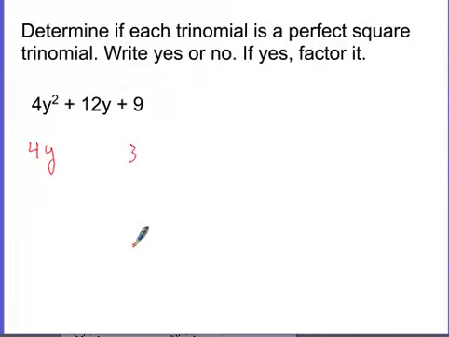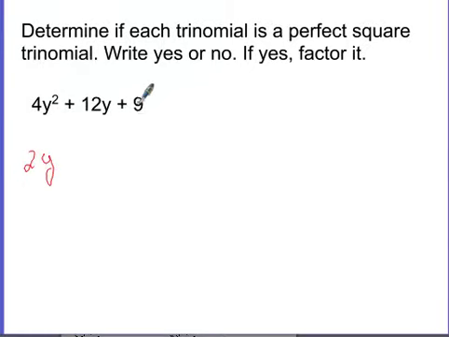No. 4 times 3 is 12, but then we have to multiply by 2, which is 24. So this is not a perfect square trinomial. But the square root of 4 is 2. Okay, let's back up. What is the square root of 4y?